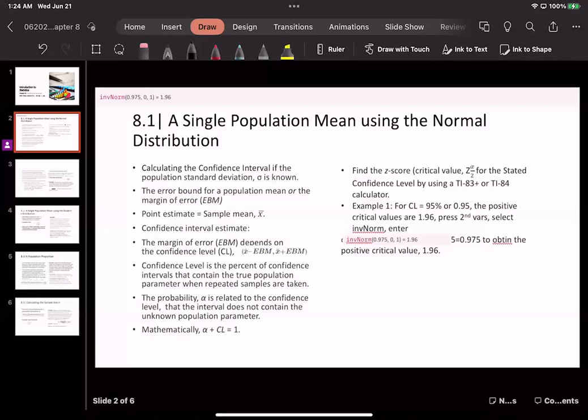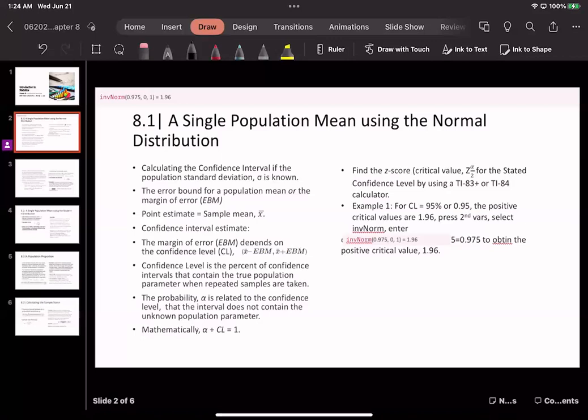So we need to form an interval. Our estimation will be an interval with the confidence level.